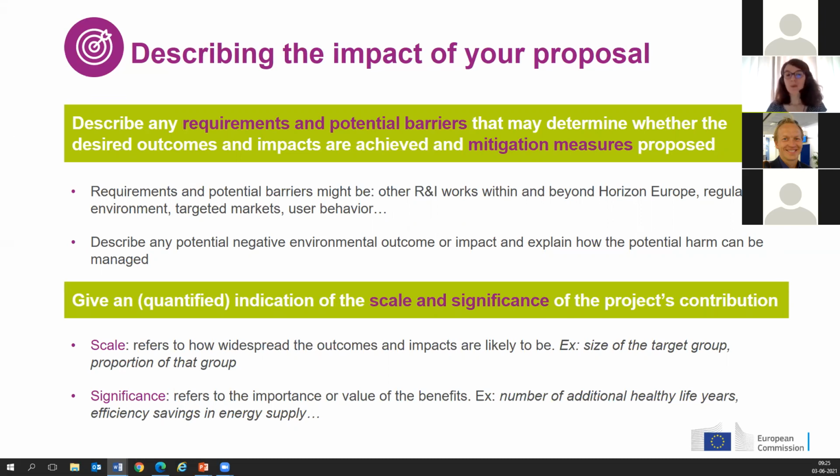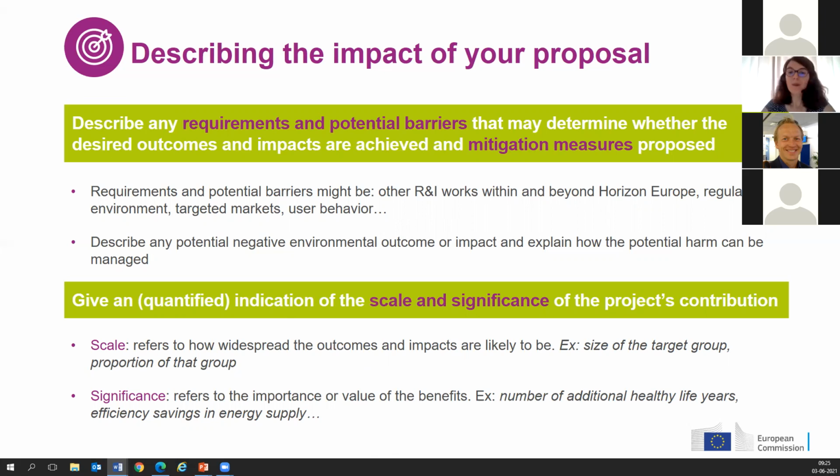When we talk about scale, we refer to how widespread the outcomes and impacts are likely to be. So this is something like the size of a target group, a proportion of a group, really something quantified like that. And when we talk about significance, we refer to the importance of the values and of the benefits.